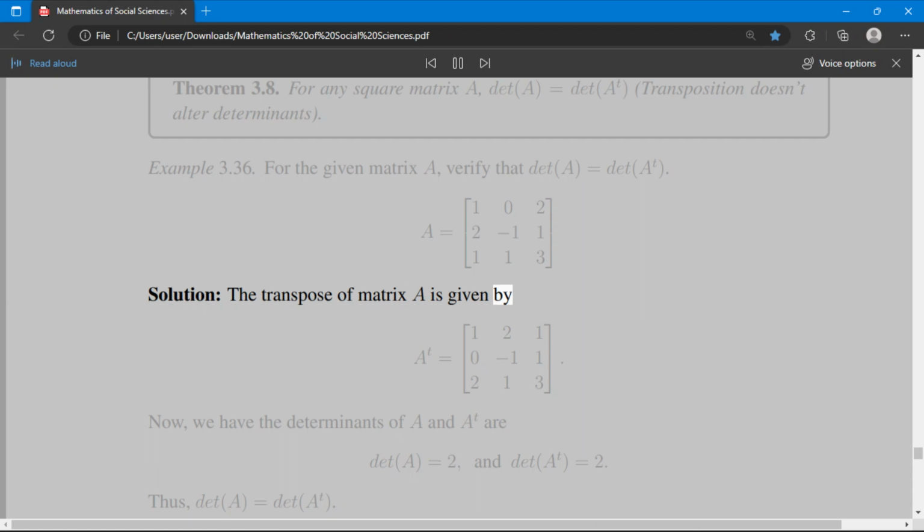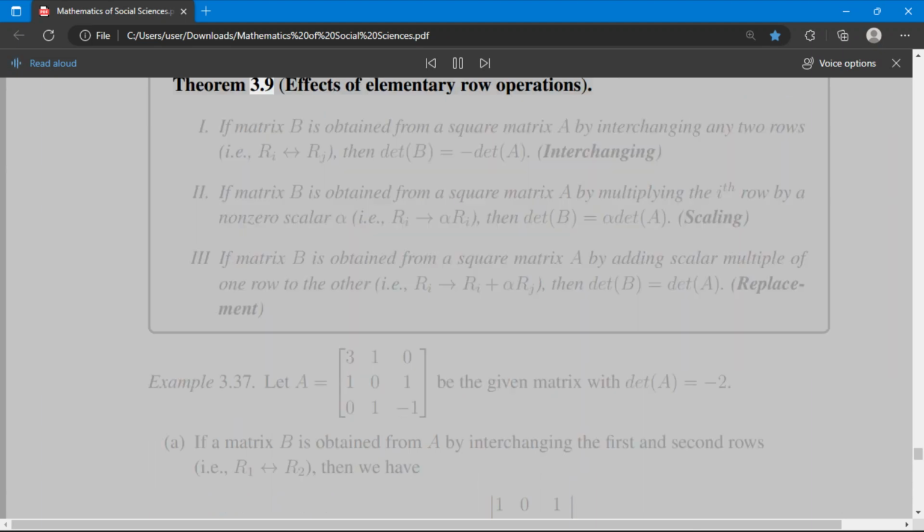Solution: the transpose of matrix A is given by A transpose. Now, we have the determinants of A and A transpose. Det A equals 2, and det A transpose equals 2. Thus, det A equals det A transpose.